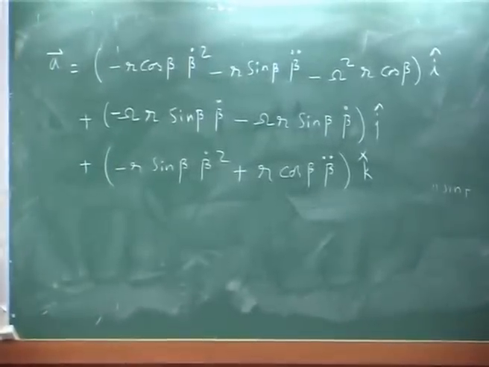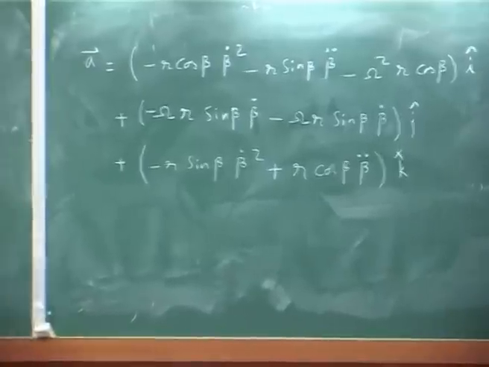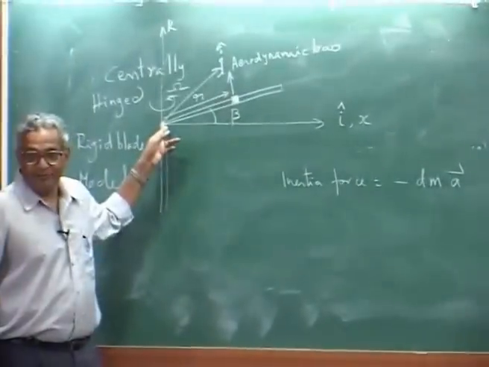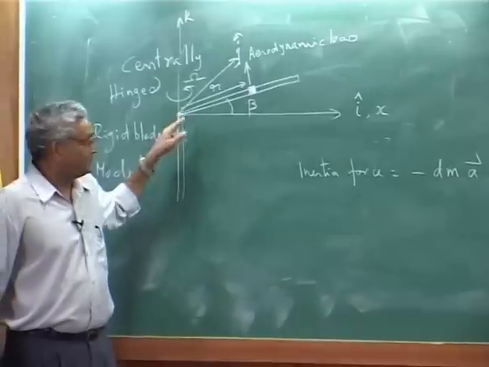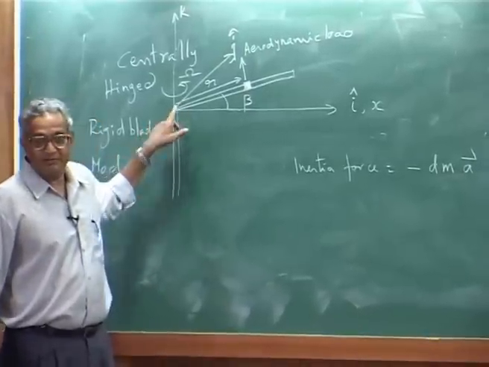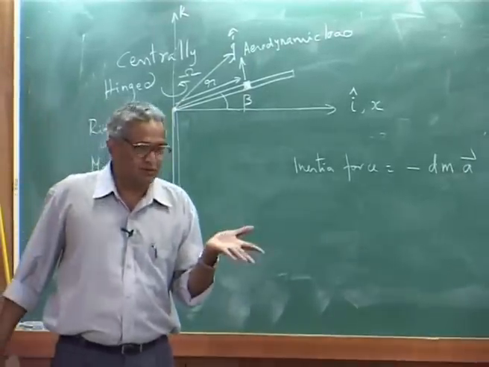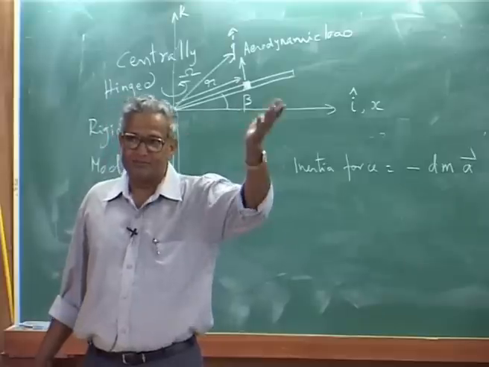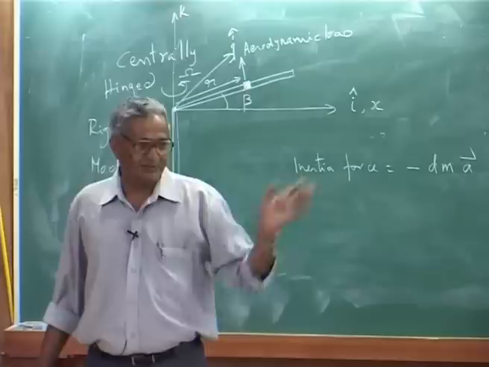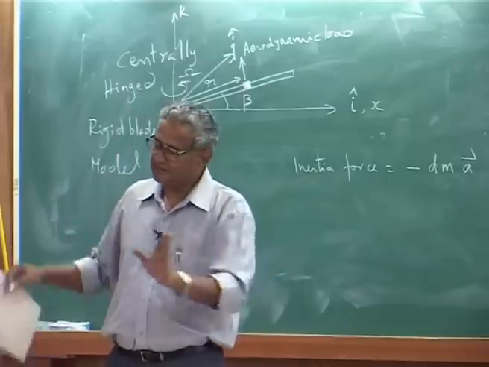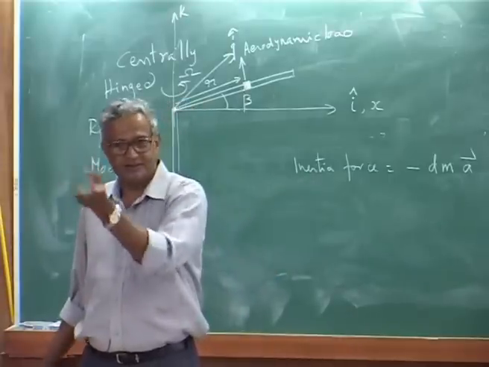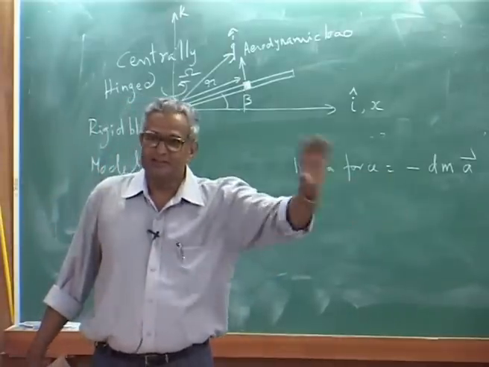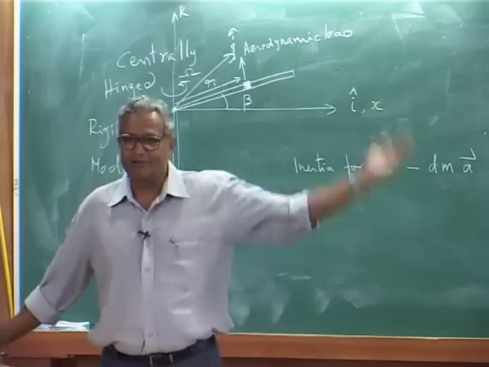Now I have to get the moment, because in my equation about this point all the moments are zero, because it is a fixed point. External moment, inertia moment, everything sums to zero. If you want to write it in terms of Newton's second law, external moment equals mass times the angular acceleration.